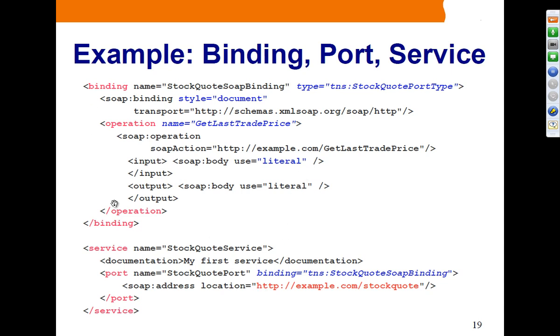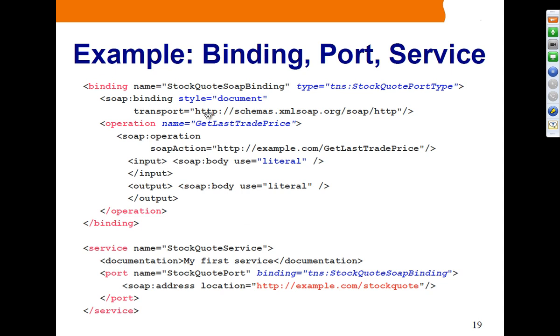Okay, so that is binding. Binding represents a concrete communication protocol along with an encoding scheme. Now the service is basically a collection of ports, and for each port you provide the actual endpoint address for that binding.